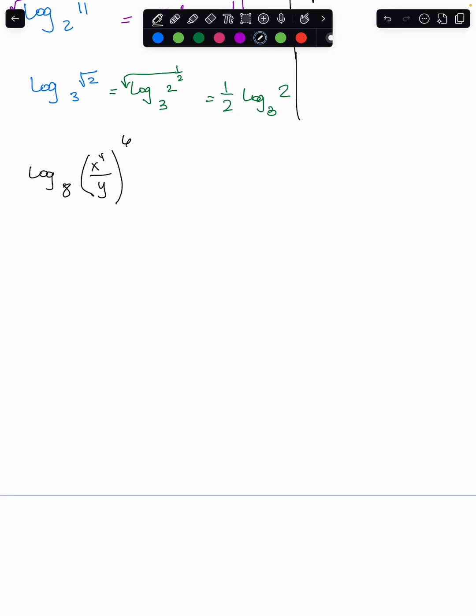Oh, we got a lot going on here. So how do I tackle this first? Well, my very first thought is that I see the 6 and it's a power, so I'm going to go ahead and drop that first. That's my first thought. Okay.